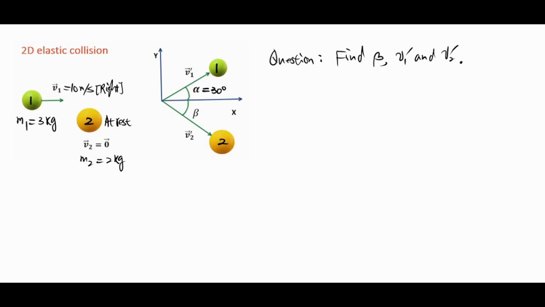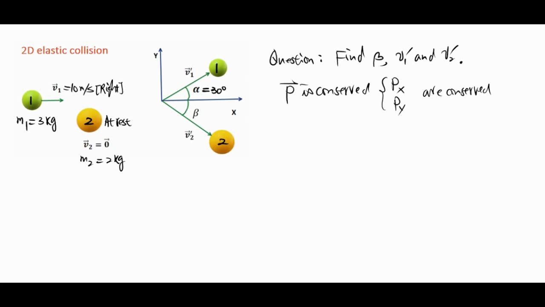So the starting point is momentum conservation. Momentum P is conserved. Because it is a vector, that means its components, x component and y component, both are conserved. So we can write down two equations for this conservation.